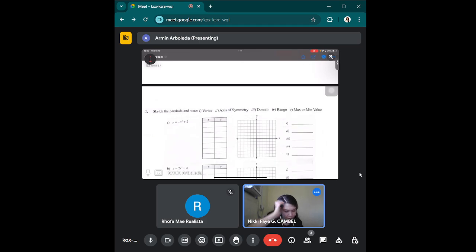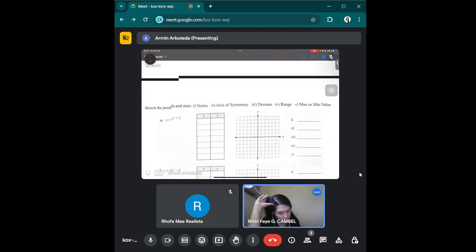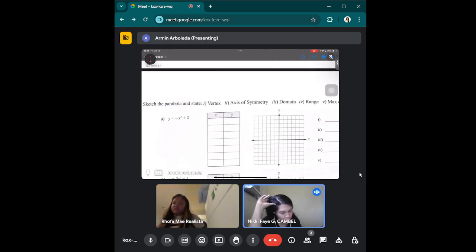Okay. So, sketch the parabola and state the vertex, the axis of symmetry, the domain, the range, and the max or min value. Earlier, parang naka-assign po yung vertex natin, yung x natin: negative 3, 2, 1, 0, 1, 2, 3. Yan yung usual natin kanina, right? But this time, di niya naka-assign ng x values kasi pwede mag-move yung parabola.